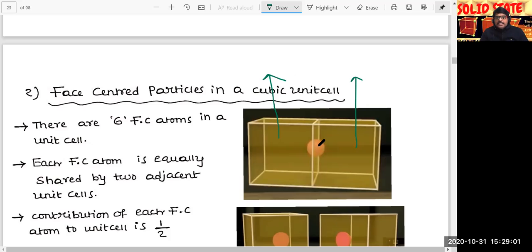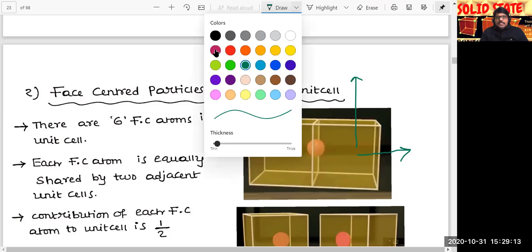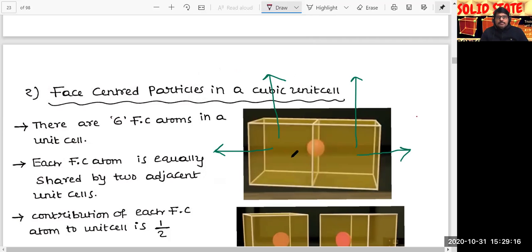So this unit cell shares that particle, and the other unit cell also shares it. Both unit cells have a right on that particle, so it is equally shared by two unit cells. But practically we are not cutting it, please understand, that is not possible. Our calculation is how many atoms are effectively present in one unit cell.